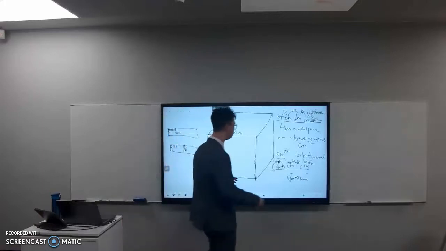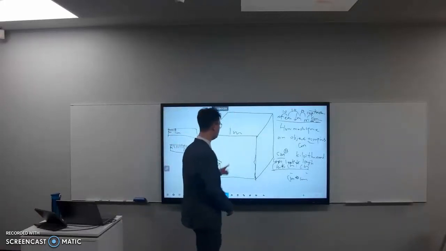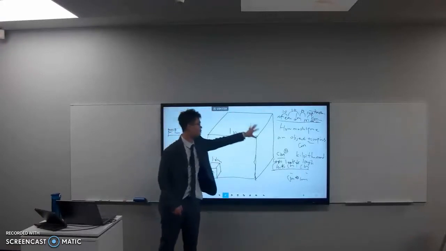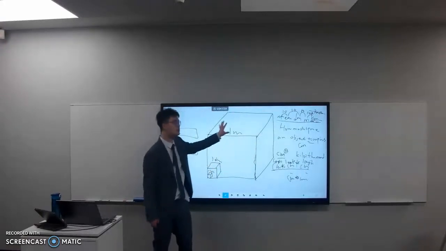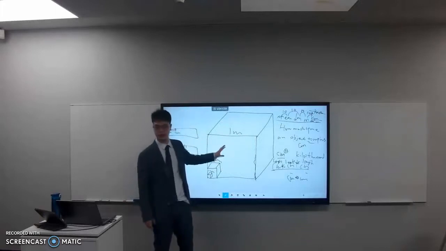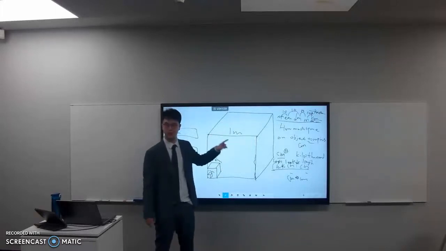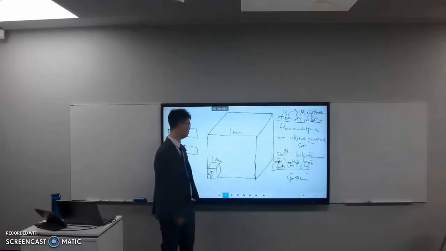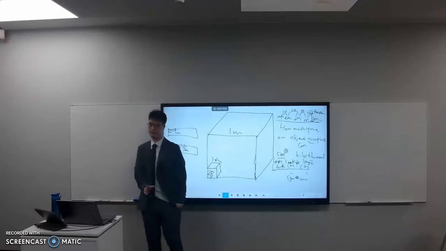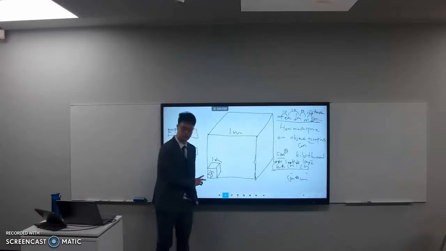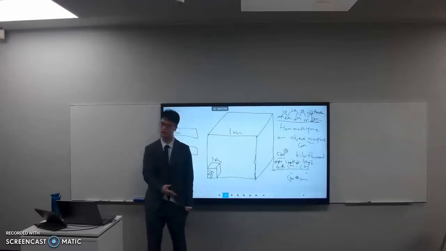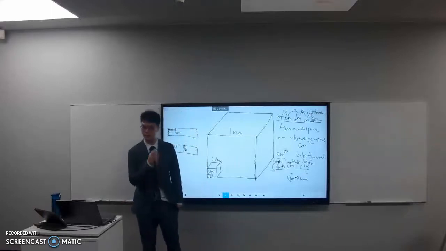It means the amount of space taken by a cube with 1 meter side length is 1 cubic meter. The amount of space a cube with a side length of 1 decimeter occupies is 1 cubic decimeter.